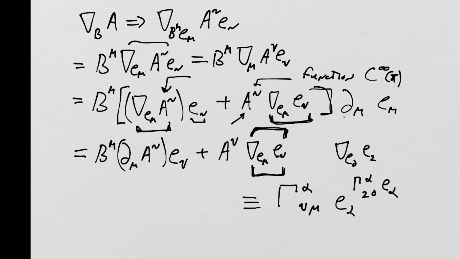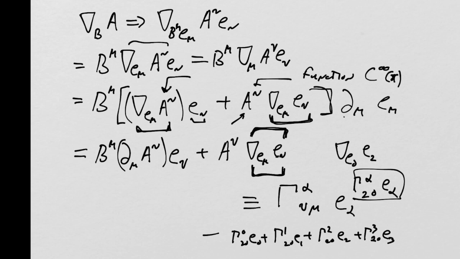And we would just have to execute the Einstein sum, so it'd be gamma 1 2 0 E1 plus gamma 2 2 0 E2 plus gamma 3 2 0 E3 plus gamma 0 2 0 E0, right? And that's what this would equal. And that is a vector. It's got all the components it needs, and this thing equals that thing. That's our definition. That allows us to bridge between the CFREE notation and the comp notation.